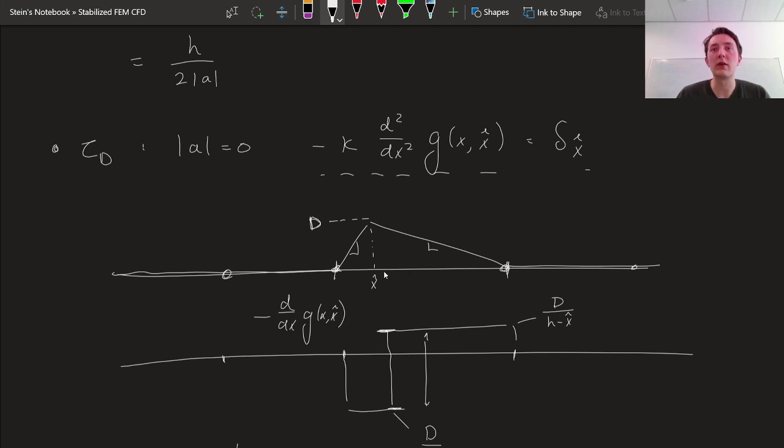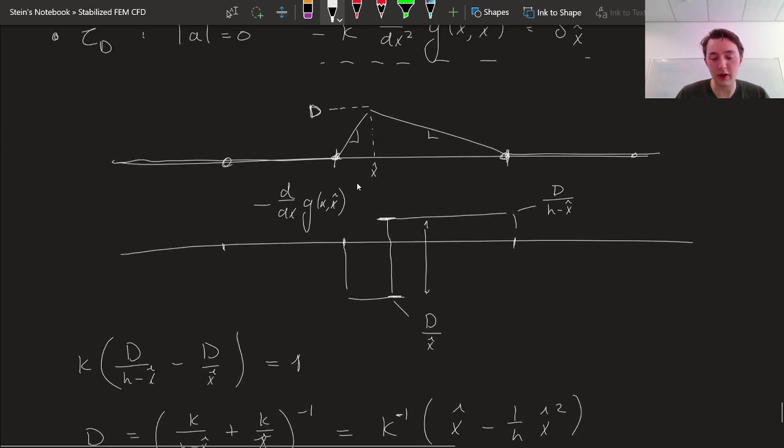Now, we can work that out in a difficult way or in a simple way. The difficult way would be that you have to split these functions into pre and post x hat and separate the integral into those segments. The easy way is that we're simply going to use the integral in terms of areas here. So you would get the area of this triangle plus the area of that triangle. So that's going to be half of d times x hat.